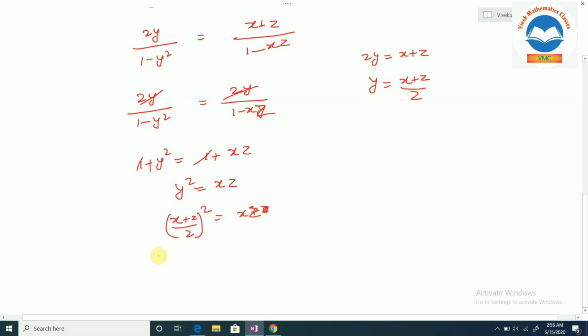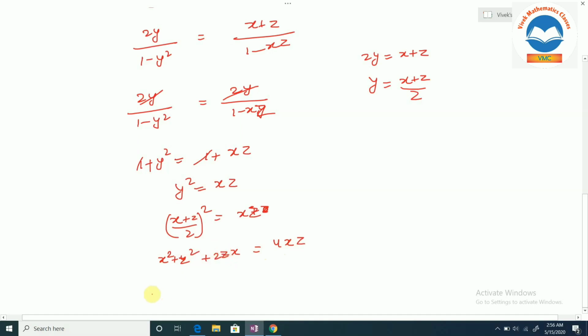Now expand it. Here you will get x square plus z square plus 2zx equal to 4xz. Okay. Now bring everything to one side.